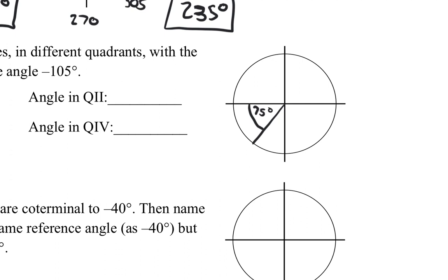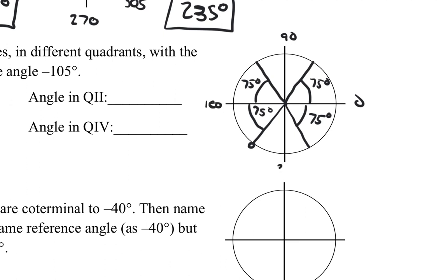So if we know that this angle is 75 degrees, then all of our other lines are going to look like this, with these angles also being 75 degrees. So if we start from our coordinates in quadrant 1, we start from 0, and we go around to 75.